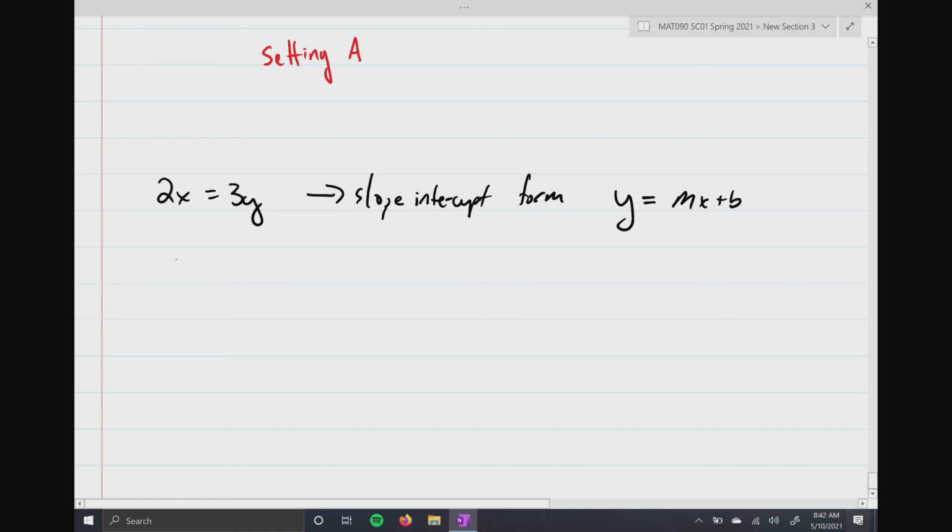So, divide both sides by 3. You get 2/3 x equals y, or y equals 2/3 x. Oh, you can't see what I'm writing. My bad. So, 2x equals 3y. I divided both sides by 3.